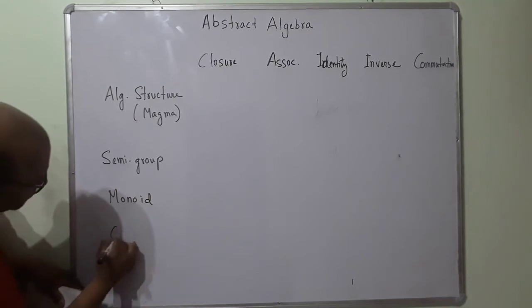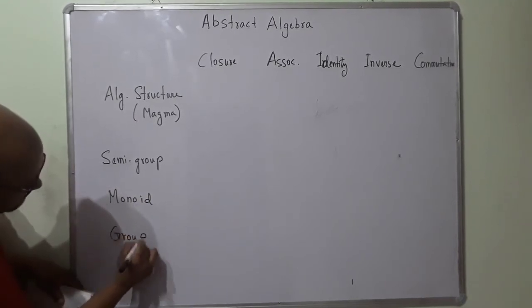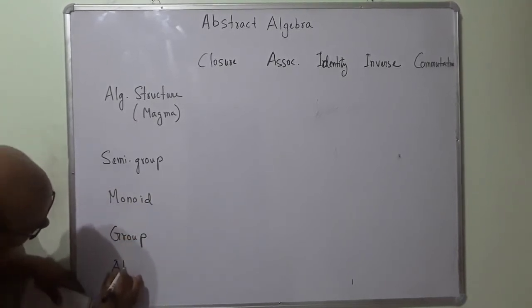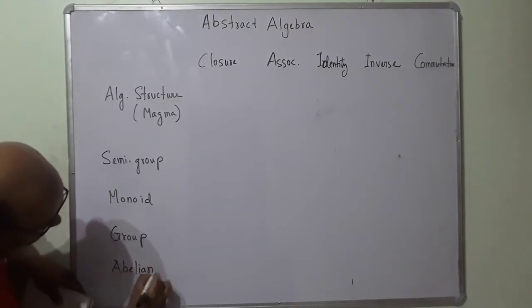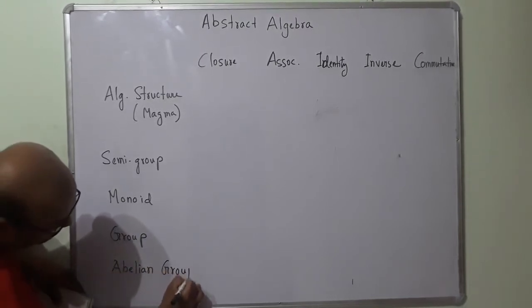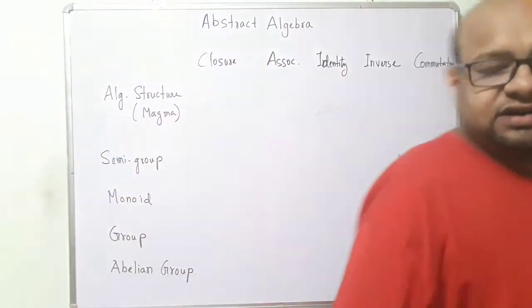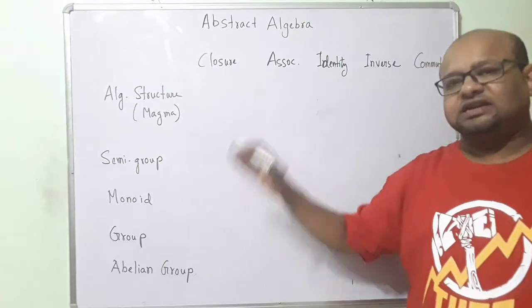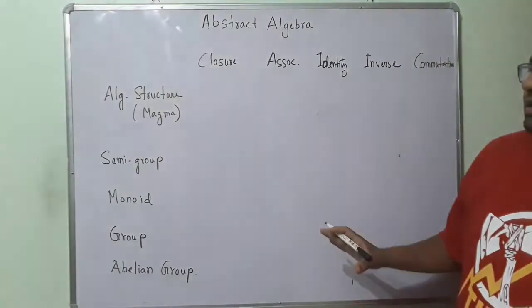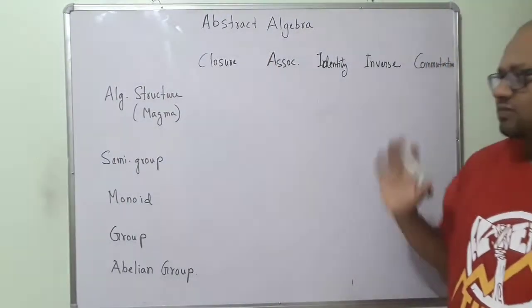Then we have group. Then we have abelian group. Alright, so these are the different structures that we have.